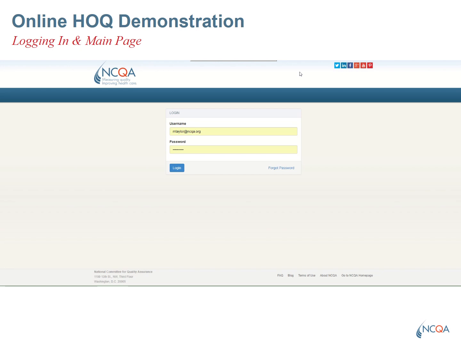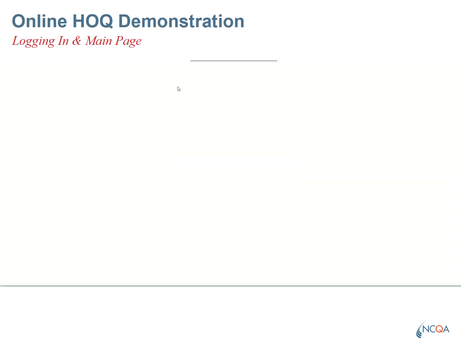Now, if you are not the primary HEDIS contact, you will need to work with whoever is that assigned primary contact within your organization so that they can give you rights to the plans that you need access to. But we're going to go ahead and get started and click our login button here.